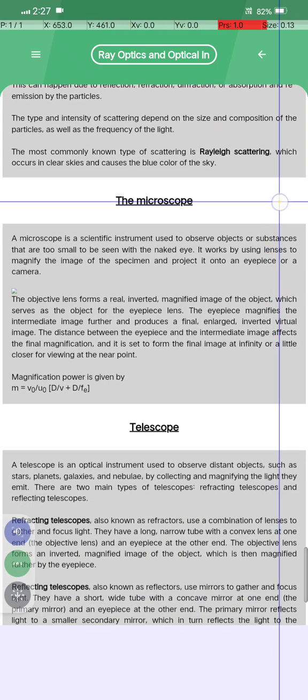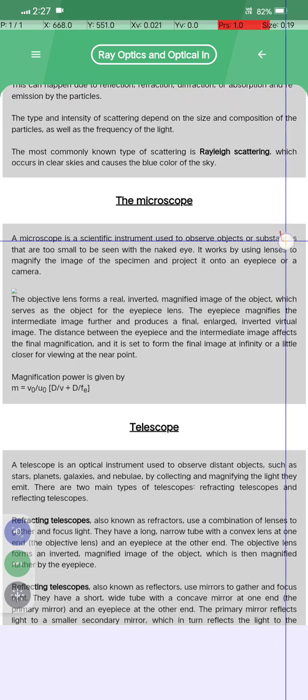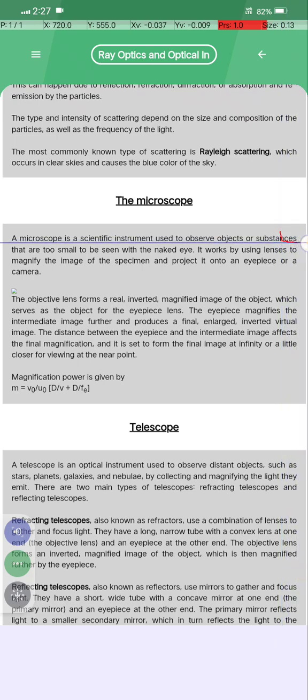The microscope is a specific instrument used to observe substances that are too small to be seen with the naked eye. It works by using a lens to magnify the specimen and project it onto an eyepiece or a camera.